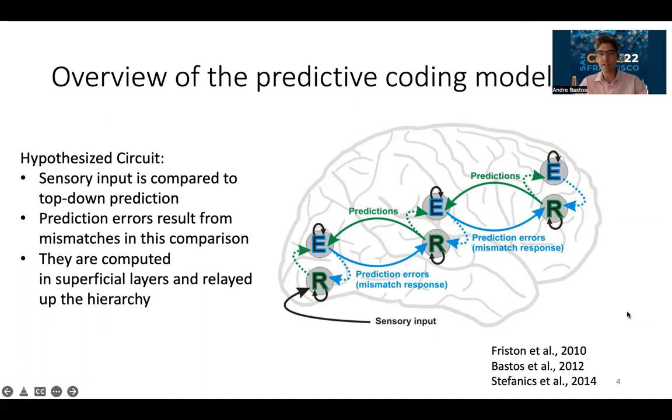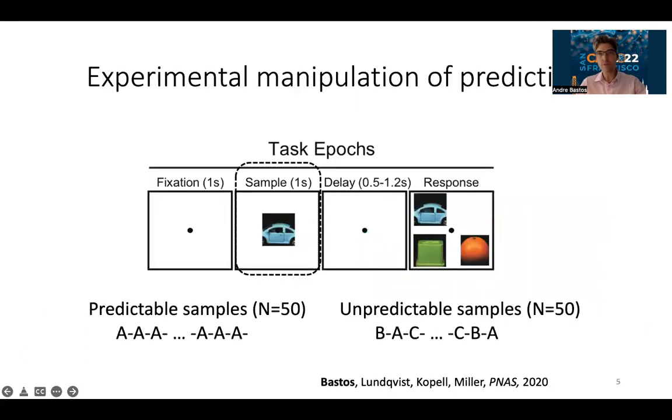So we set out to test this model with the following experiment. We trained monkeys on a visual working memory task. Monkeys fixated, they were shown a sample stimulus, which they held in mind over the delay period, and then performed a saccade to the previously sampled item identity. We trained monkeys to perform this task in one of two ways.